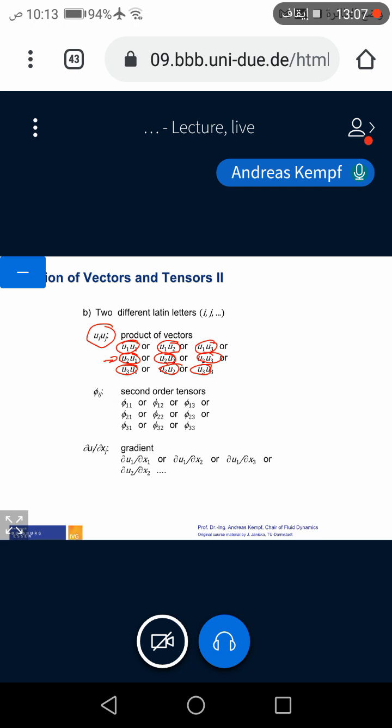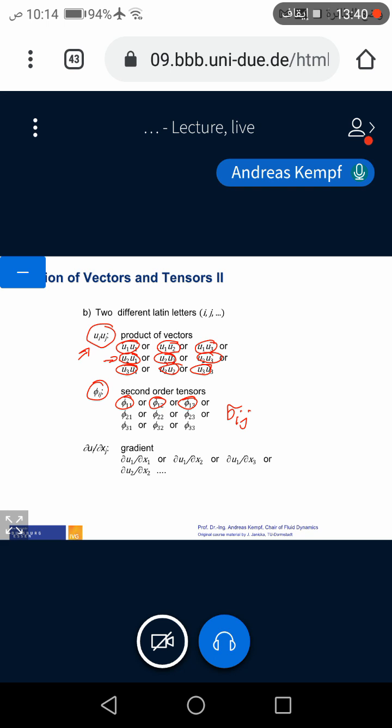We can also describe second order tensors directly. So we can have something like uppercase phi ij, or probably better known and more familiar, sigma ij, being our familiar stress tensor. So here we can have something like phi 11, phi 12, phi 13. So here you can see the tensor directly. So here phi or sigma are tensors, whereas up here both u's are just vectors, but the product is a tensor.